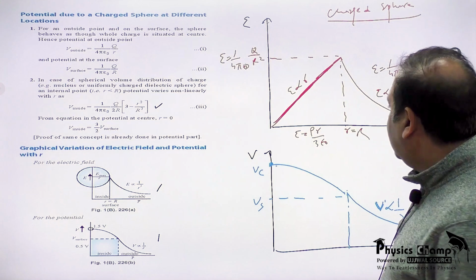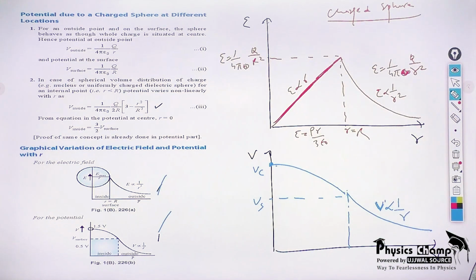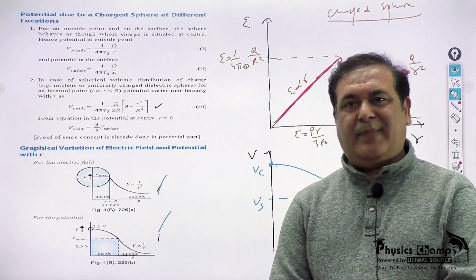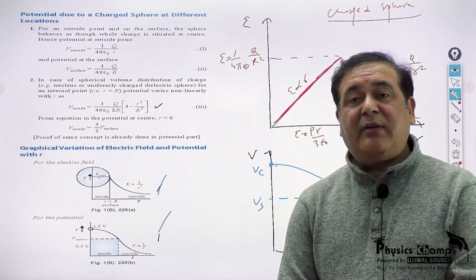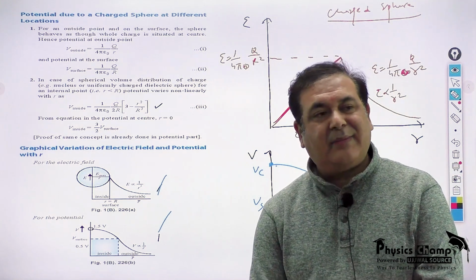So here you have learned about variation of electric field and potential for a uniformly charged sphere. Again, I'll repeat, if it is a uniformly charged sphere, it has to be a non-conducting material.